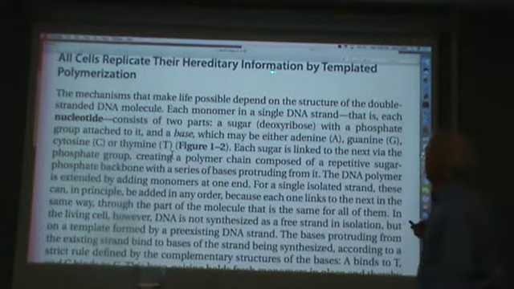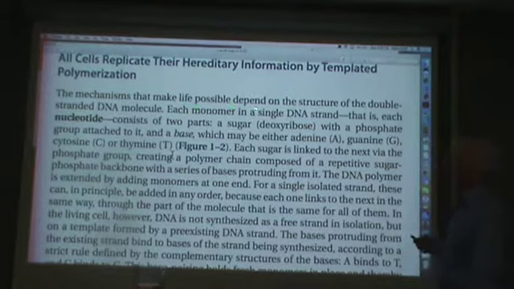All cells replicate their hereditary information by templated polymerization. The mechanisms that make life possible depend on the structure of the double-stranded DNA molecule. Each monomer in a single DNA strand, that is, each nucleotide, consists of two parts: a sugar, deoxyribose.